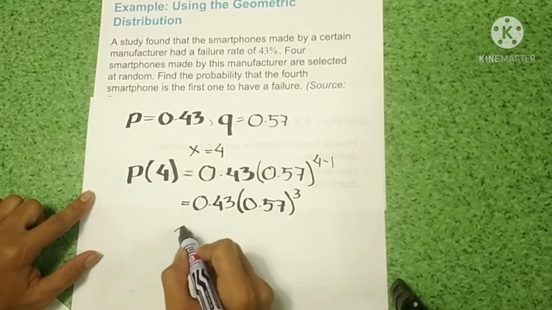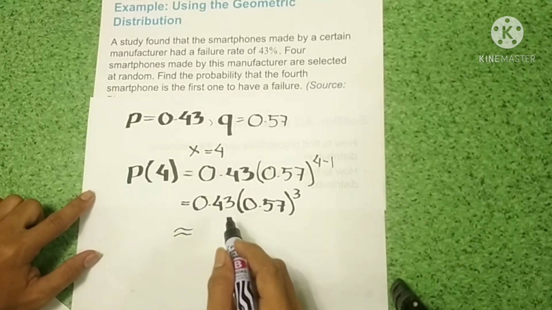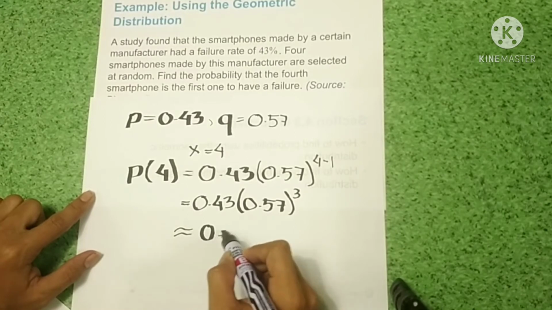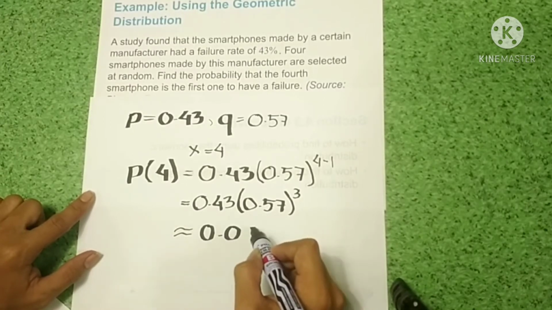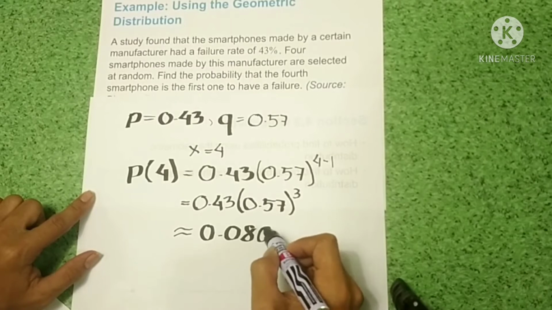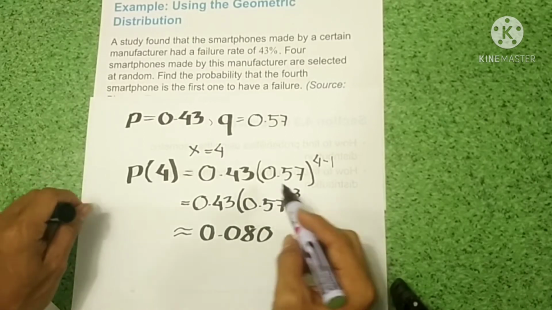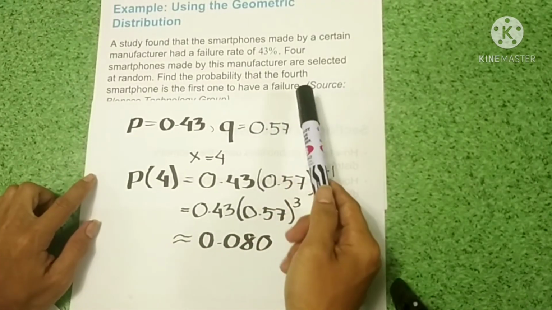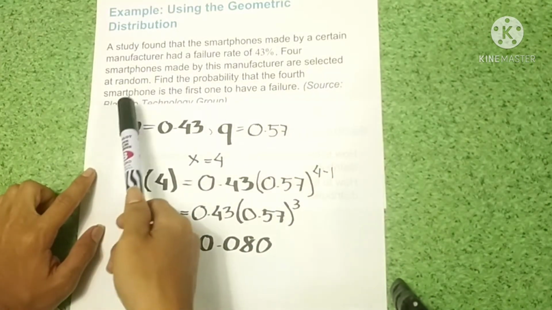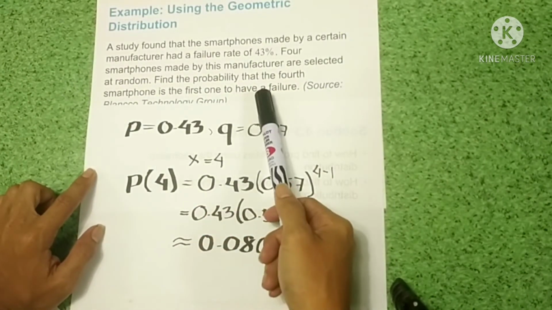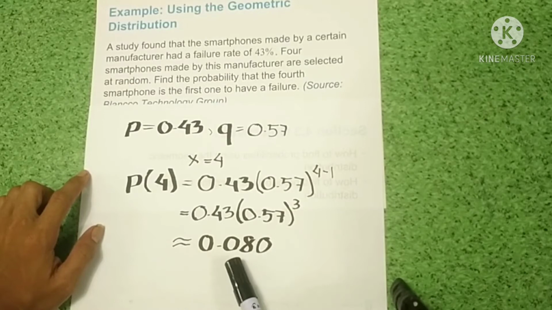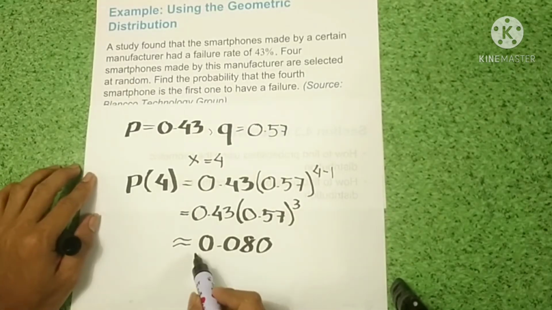So the answer is 0.080. Therefore, the probability that the fourth smartphone is the first one to have a failure is about 0.080.